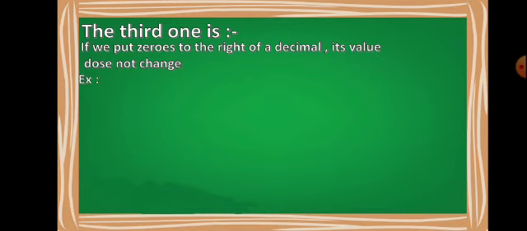Example: 0.25 equals 0.250 equals 0.2500. If we put 0 to the right of the decimal number, its value doesn't change. Now we know these decimal numbers are equal in value.